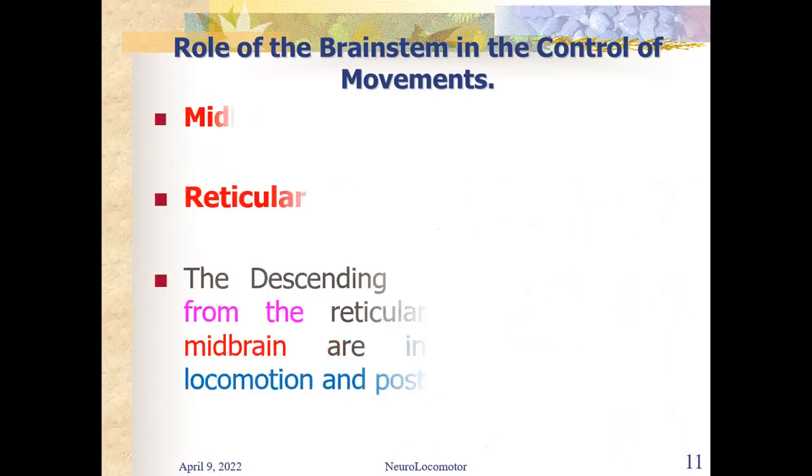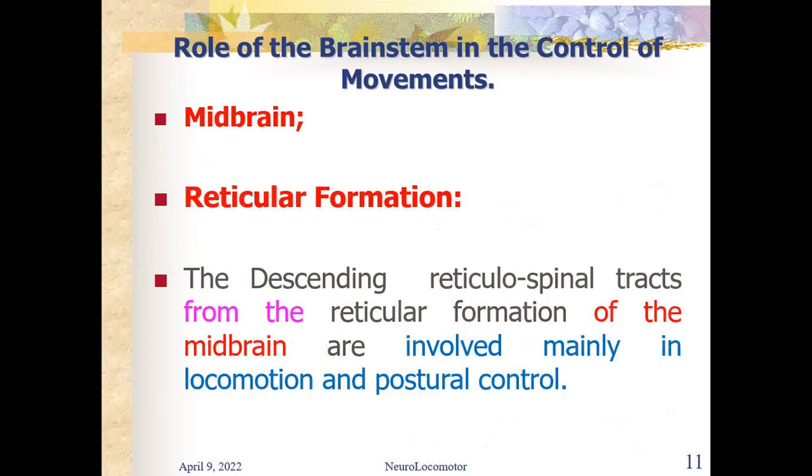All right, still on the midbrain, we move to the reticular formation now. In the reticular formation, we have descending reticulospinal tracts from the reticular formation of the midbrain, and they are involved mainly in locomotion and postural control.